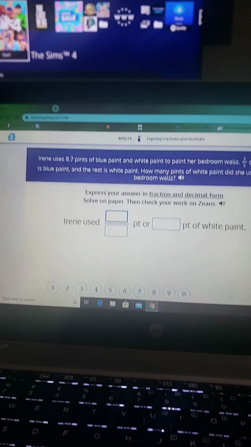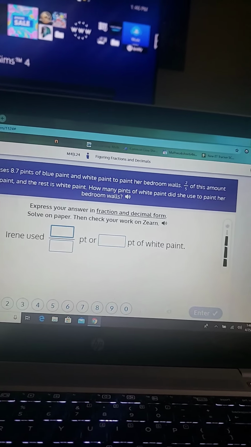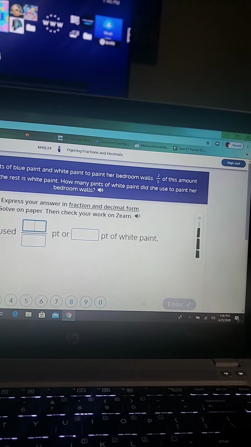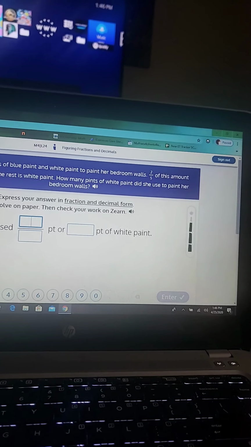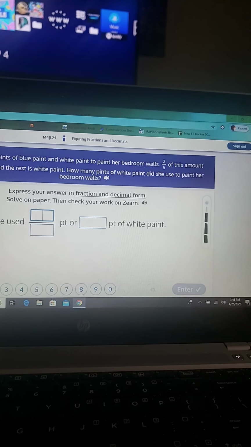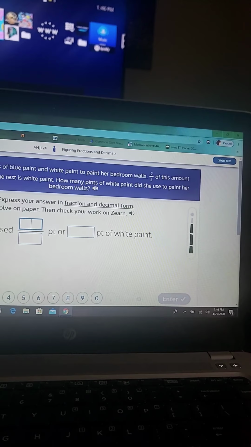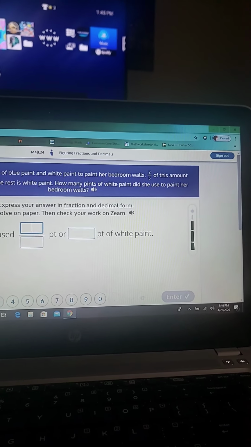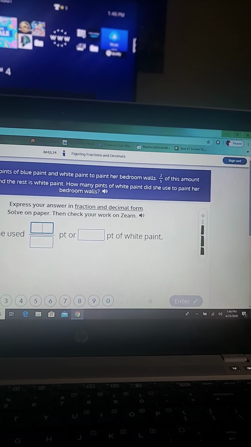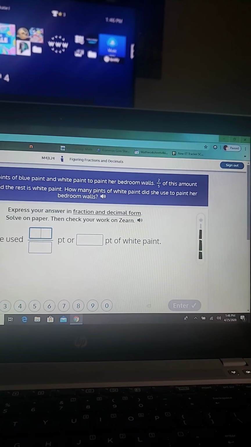Okay, this next one. Irene uses 8.7 pints of blue paint and white paint to paint her bedroom walls. 2/5 of this amount is blue paint, and the rest is white paint. How many pints of white paint did she use to paint her bedroom walls? So first we need to express it as a fraction and as a decimal.